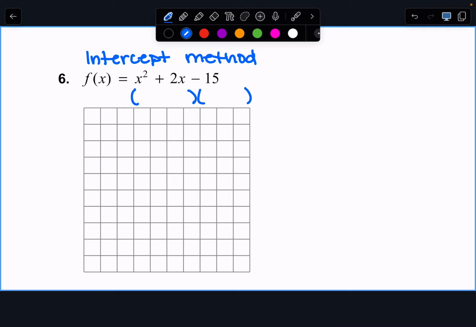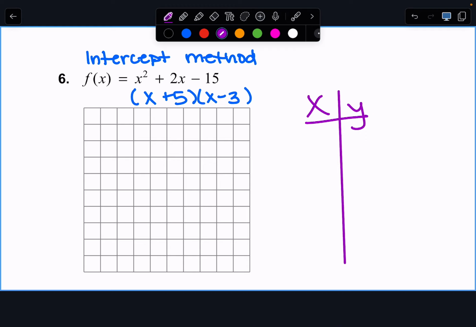What multiplies to negative 15 and adds to 2? 3 and 5. Plus 5 minus 3? Yes. Okay. So our intercepts are at negative 5 and 3.